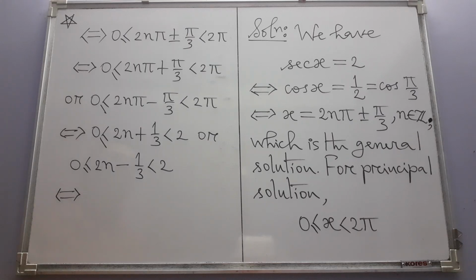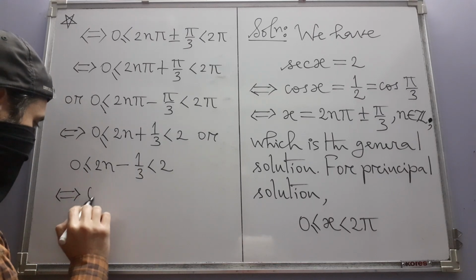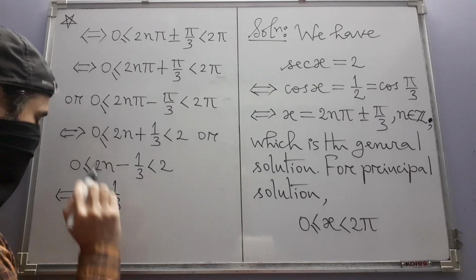In the first set of inequalities, we subtract 1 over 3 from all the terms, as before.